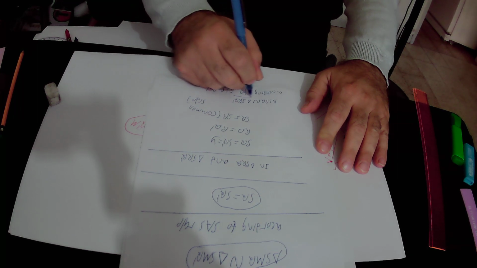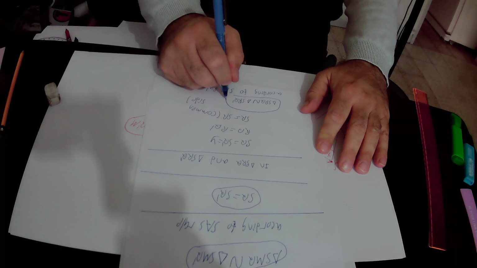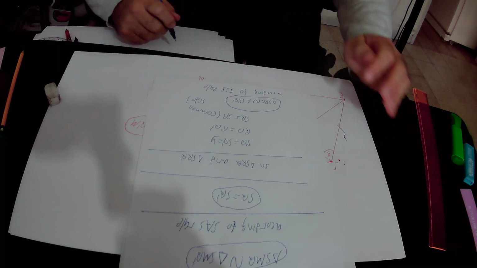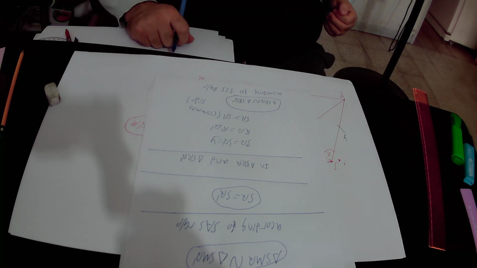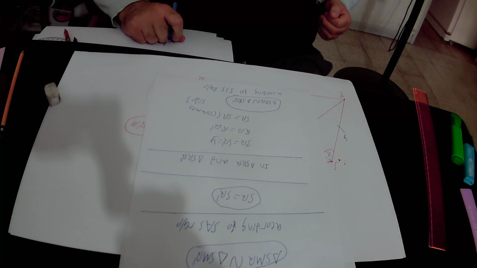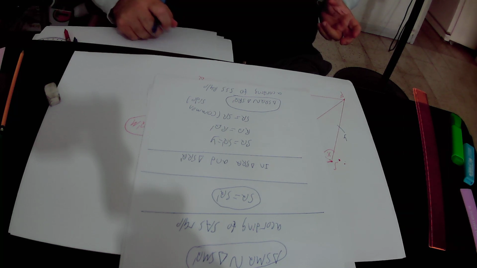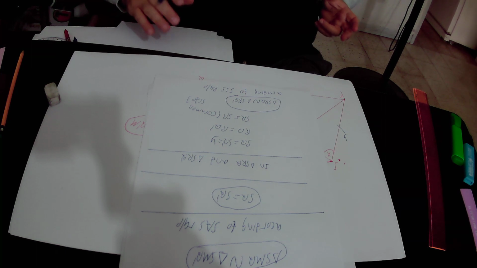So what is actually side rule? Side rule states that if you prove that three sides of one triangle are correspondingly equal to three sides of another triangle, then those two triangles are congruent according to side rule.